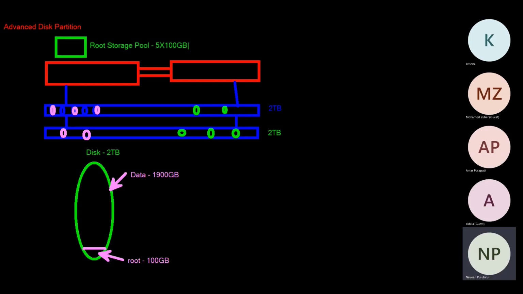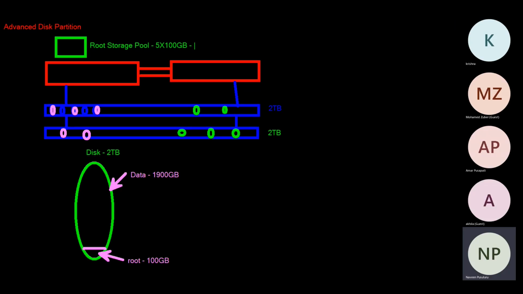I'm just taking 100 GB, but based on the disk size, it will split the root partition and data partition. For example, if it is a 4 TB disk, then it might take 200 GB as the root partition and the remaining 3.8 TB as the data partition. I'm just giving you an example, this is not an exact value.